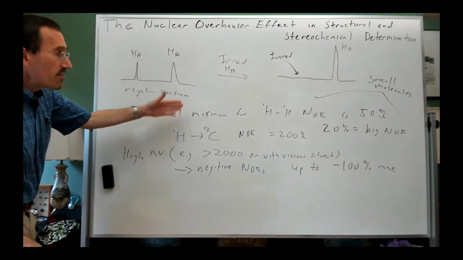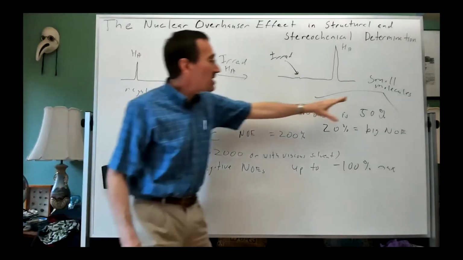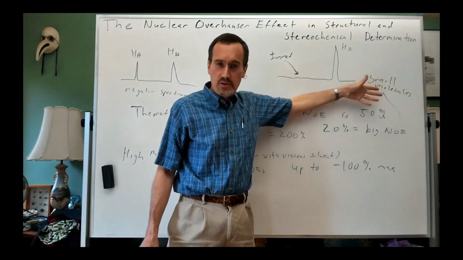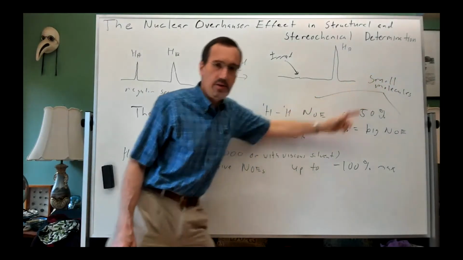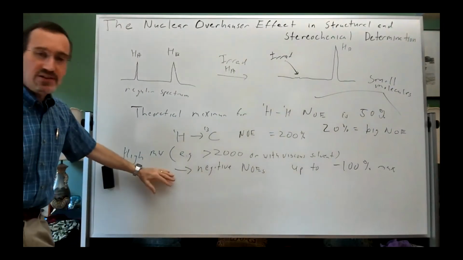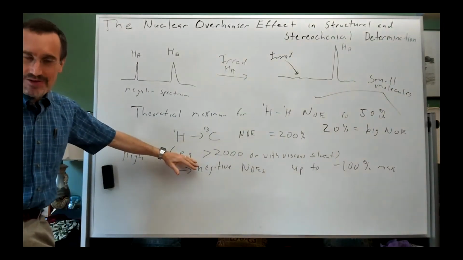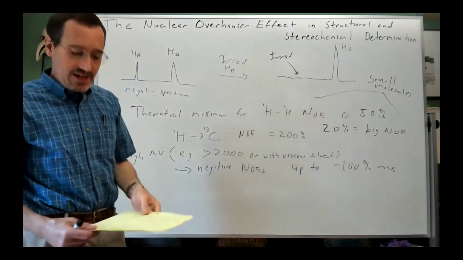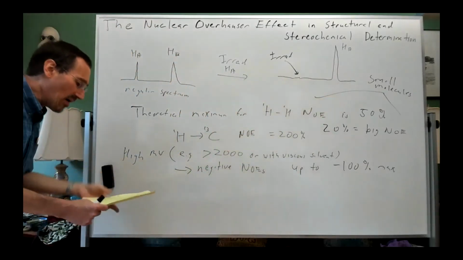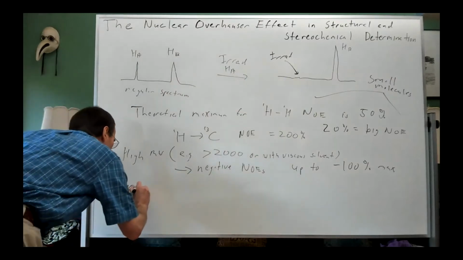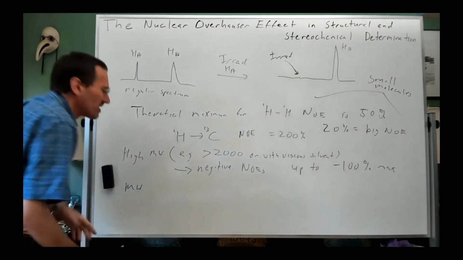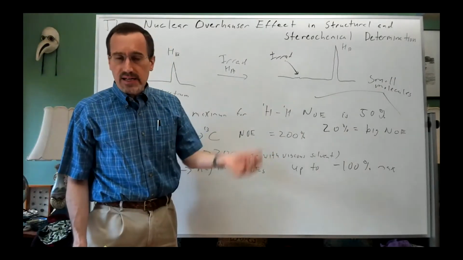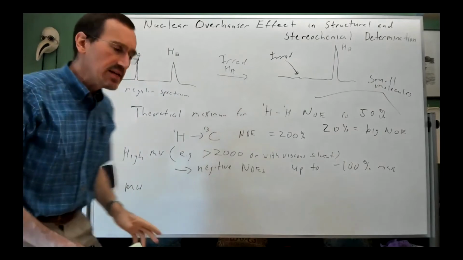Now, as you might imagine, if this is the case for small molecules, molecules say under 1,000 or under 800 molecular weight, and this is the case for very big molecules, so you're going from positive to negative, there's a region in between that's often 0. None of these are carved in stone, because they all depend on the solvent viscosity and on the field strength of the instrument.